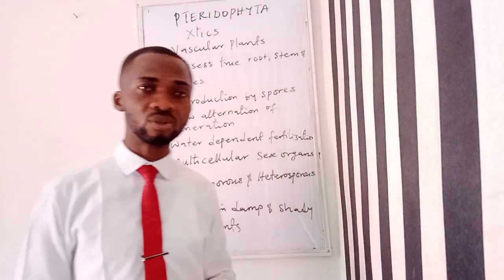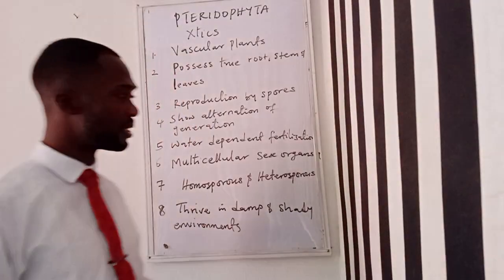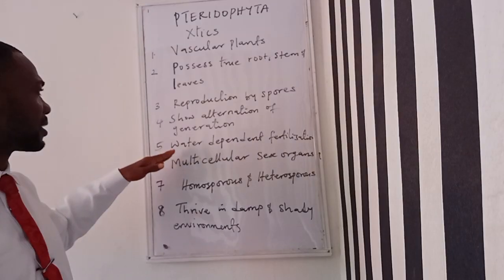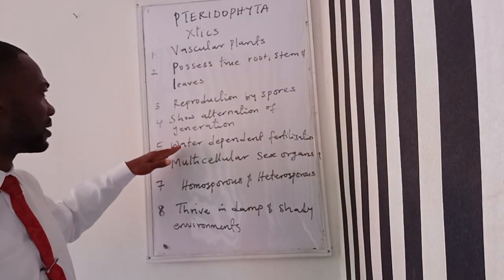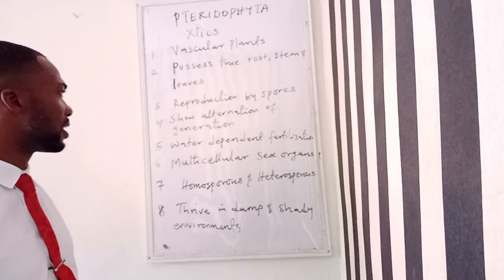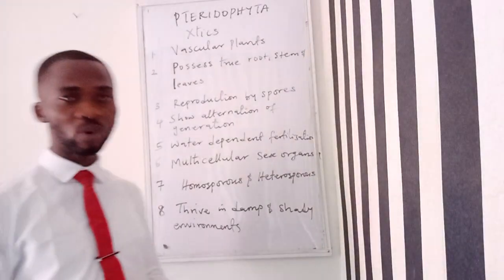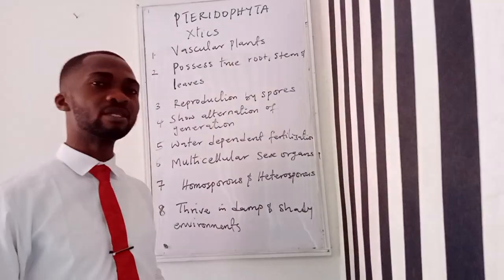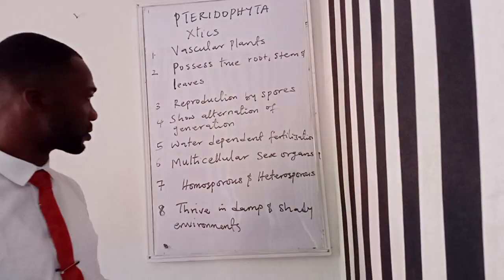By the time we get to the life cycle, we will clearly see this. Then, water is essential for fertilization, or the fertilization depends on water. The presence of water helps in facilitating fertilization in this group of plants.